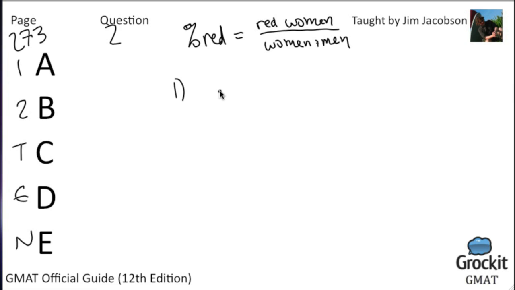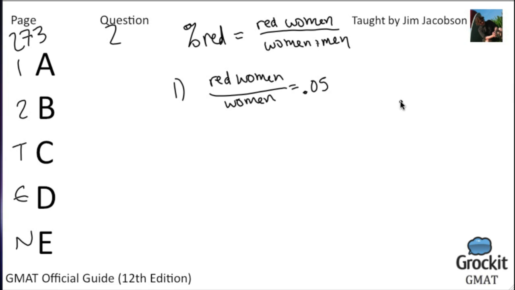So statement 1. Of the women in the group, 5% have red hair. So that tells us that red women over women equals 0.05. Note, though, that we still need the number of men in the denominator of the fraction to get the percent that we're actually after for this question.